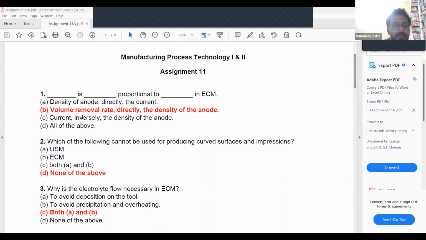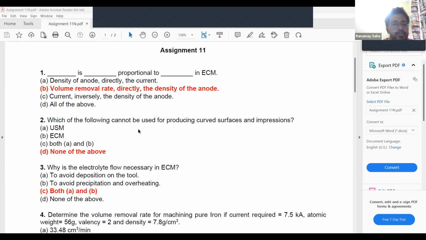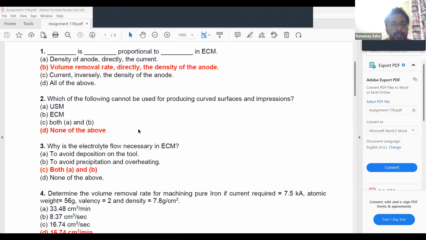The first option, density of anode directly proportional to current, is also wrong. And the only correct option then becomes: volumetric removal rate is directly proportional to the density of anode in ECM process, right?